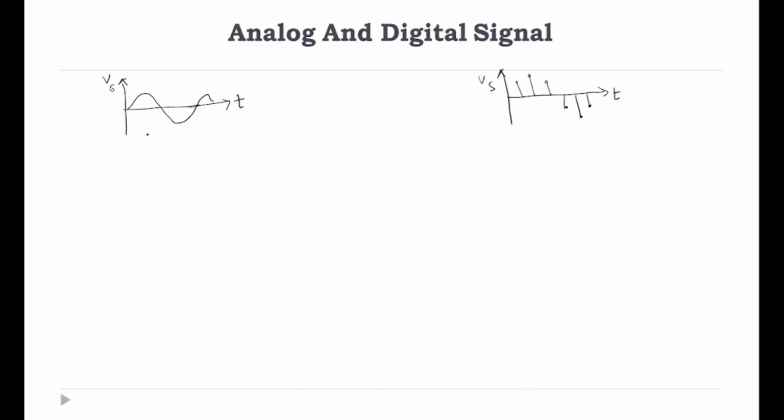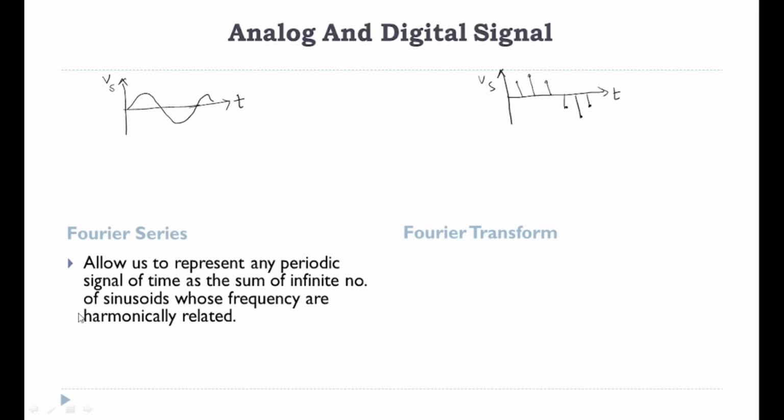For this conversion, we use mathematical tools like Fourier series and Fourier transform. Fourier series allows us to represent any periodic signal of time as the sum of an infinite number of sinusoids whose frequencies are harmonically related.